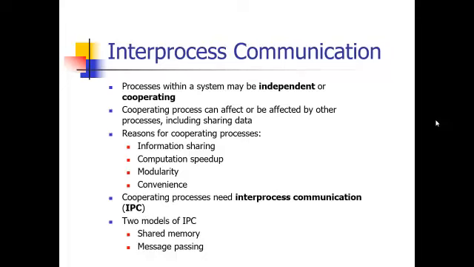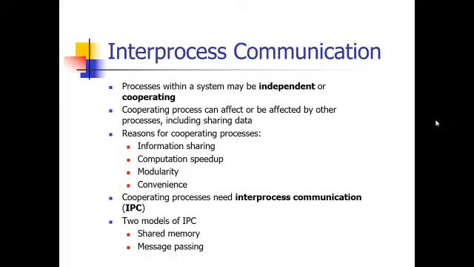So why do we need cooperating processes? Because we can share the available resources and information among the processes. It will reduce the time for execution, it will be more effective, and accurate results can be obtained as well.